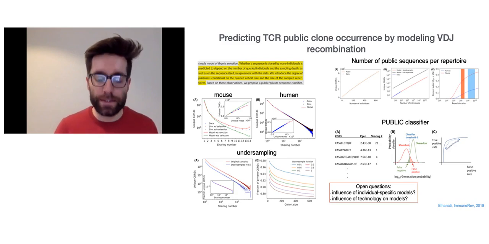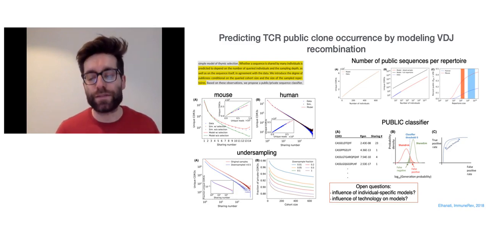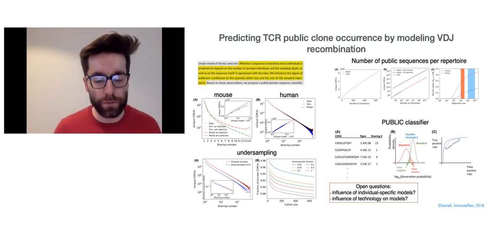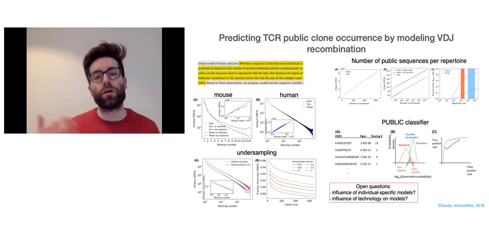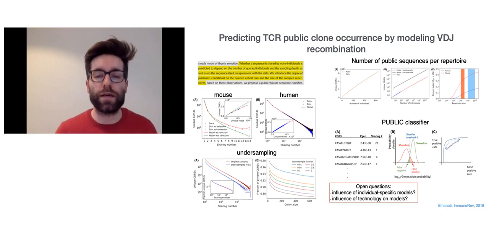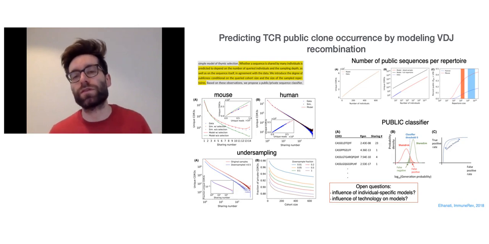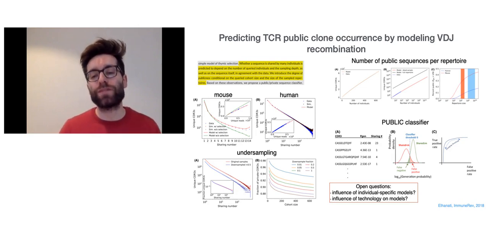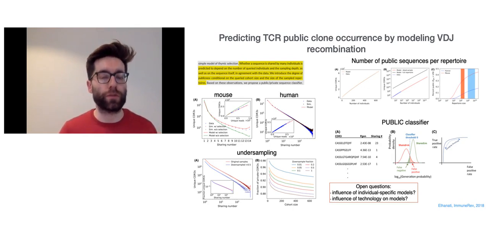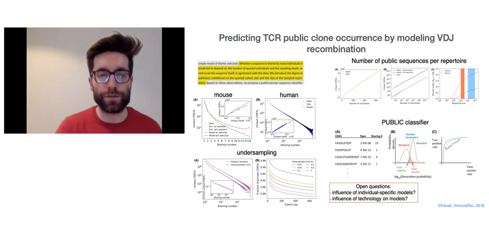It can also be used as a classifier for predicting whether, for a given number of people, a given sequence will be public, so shared among a given number of people or not. So that's very nice. I think an open question here is: do repertoire generation models differ across individuals? And what is the influence of technology on these models? I think there is a bit more work that we could do on these kinds of questions.